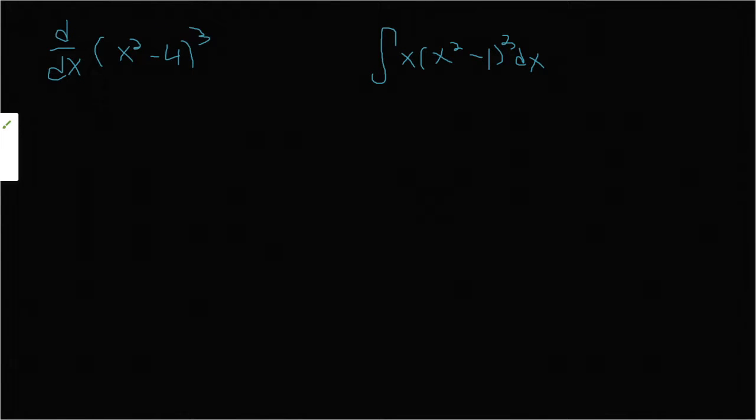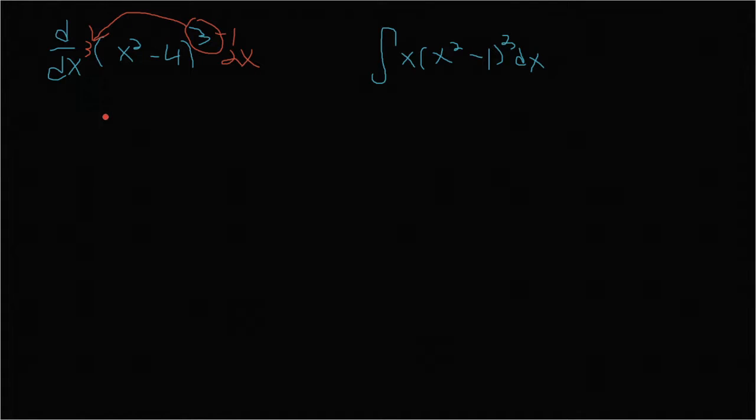So we know that when we are taking the derivative of a function that isn't just a polynomial or whatever, you have to take the derivative of the outer and multiply it by the derivative of the inner. So we're going to take 3, move it to the front, and then subtract 1 from the exponent, and then not only that, but we have to multiply it by the derivative of this, so it's going to be times 2x.